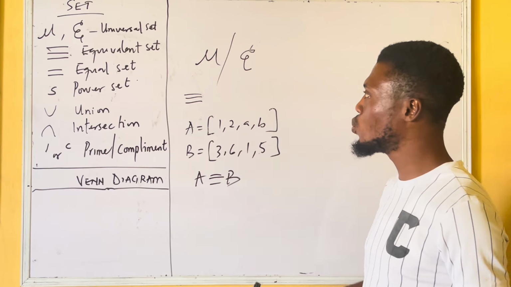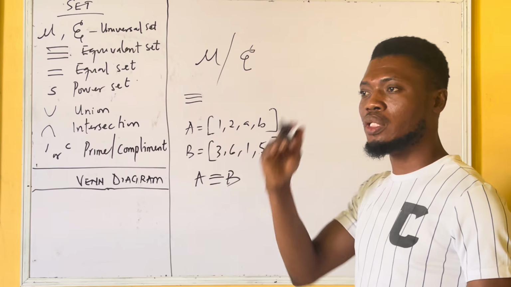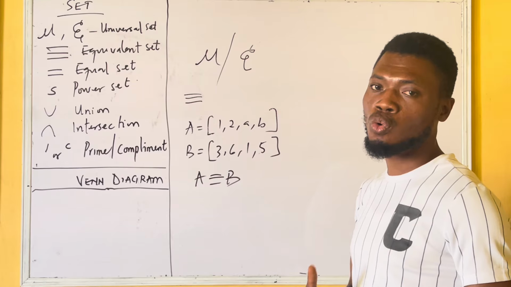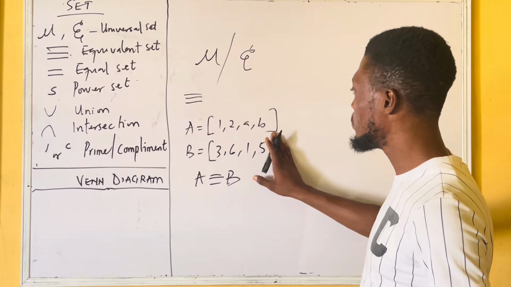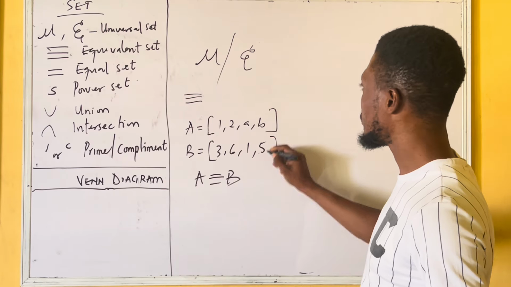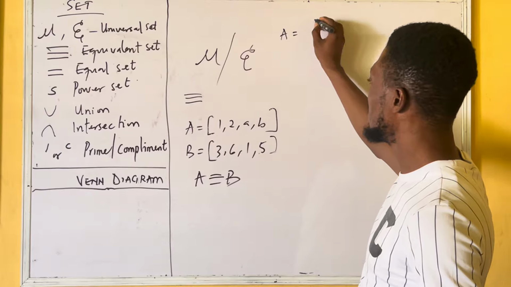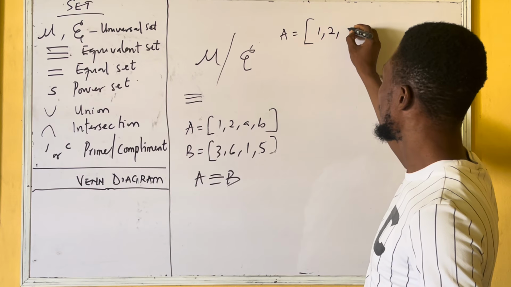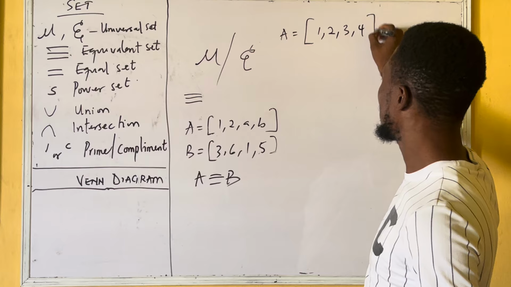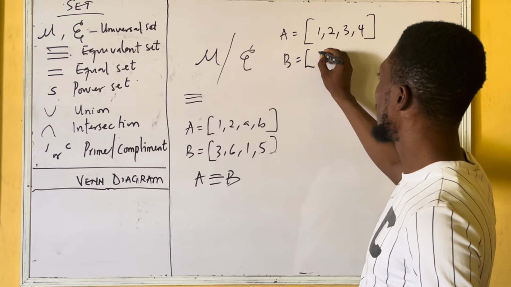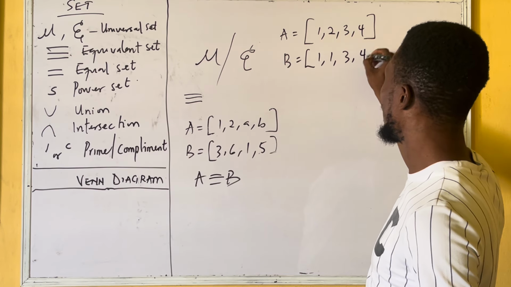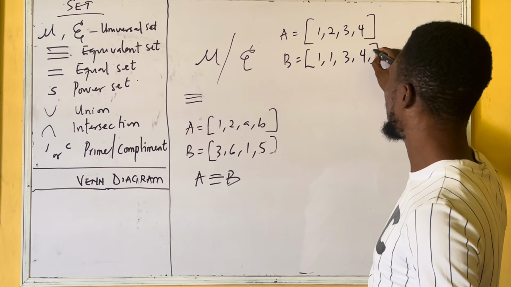Now the other one is equal sets. Equal sets is when set A is equal to set B. Say for example, you have A and you have B: 1, 1, 3, 4, 2.